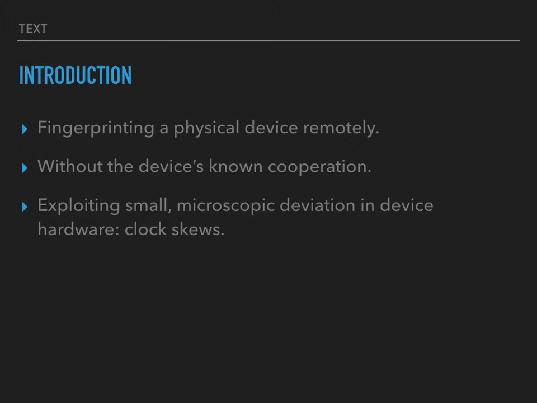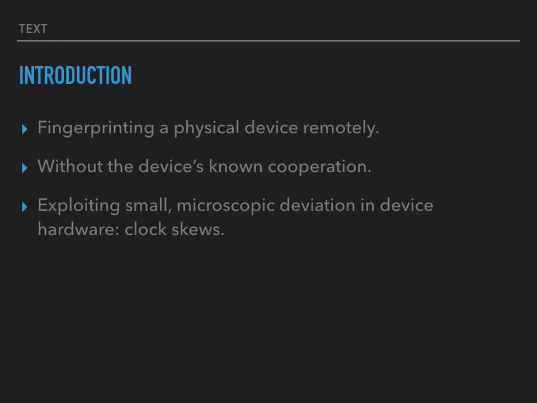For this paper, the authors push the idea further and assign a physical device fingerprint remotely, so the device will not be aware that it is being tracked. They have no idea about the fingerprint. And that can be done by exploiting a small device hardware feature, which is clock skew.